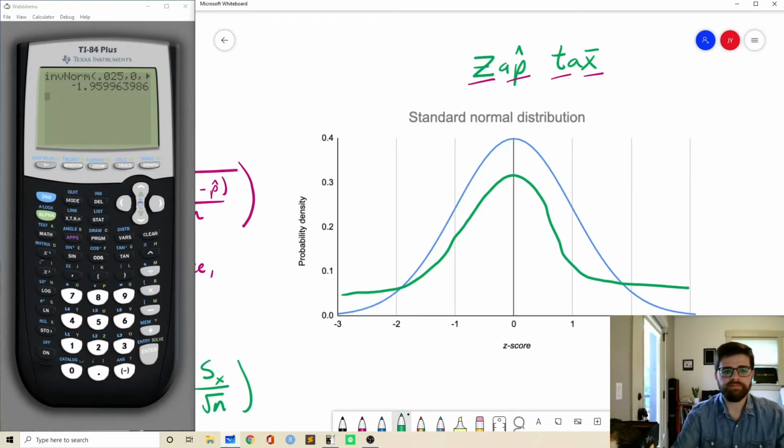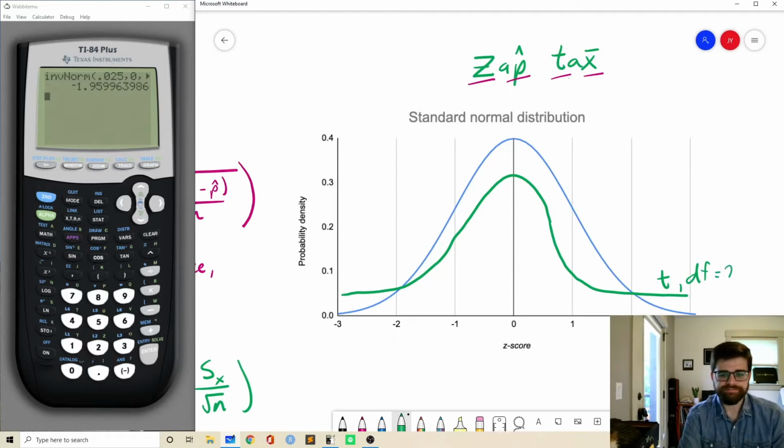There's more variability. And the other thing about a t-distribution is there are many t-distributions. There's not just a single one. So this might be a t-distribution with a certain degree of freedom, maybe a degree of freedom of 20. This idea of the degrees of freedom is based on our sample size. We just take our sample size and subtract 1 to get our degrees of freedom.